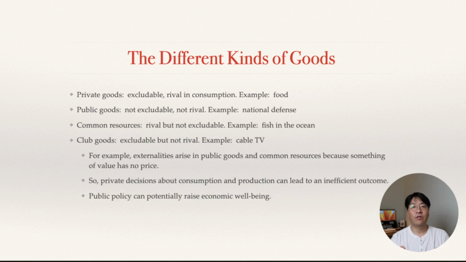So let's think a little bit more about it. The first one is private goods: excludable, and rivalry holds. Like general food, you buy it, pay for it, and then you can enjoy it. Once you enjoy it, that amount is depleted, disappearing out of the total. Public goods are the total opposite: not rival, not excludable.